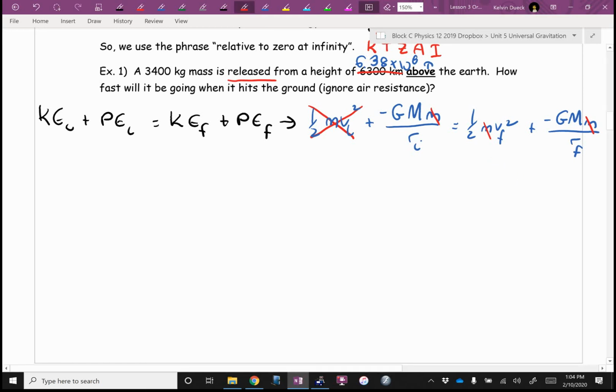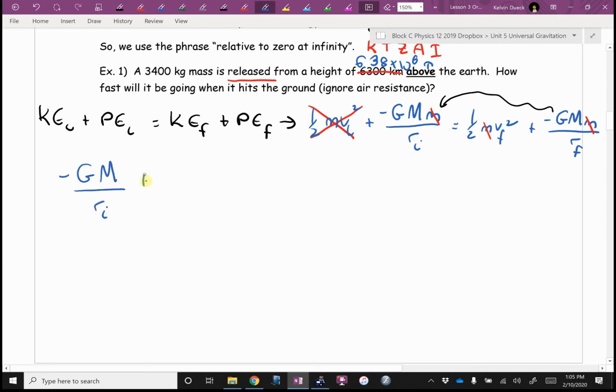This is where my love for rewriting equations ends. I'm not going to get the v by itself for a while. I am going to get this over to this side. So I'm going to make a little note here. I'm going to plus this to that side, and I'm going to rewrite this. I'm going to get negative big G, big M over R initial, stayed where it was.